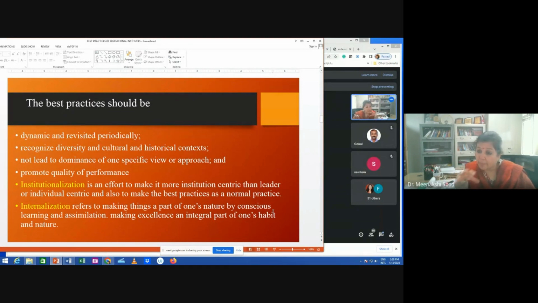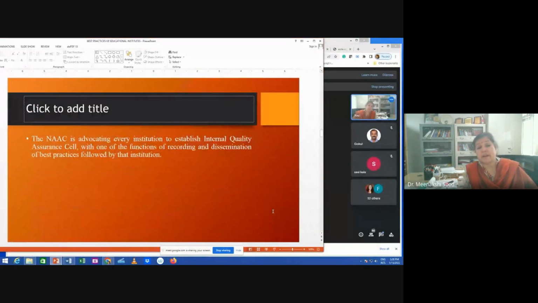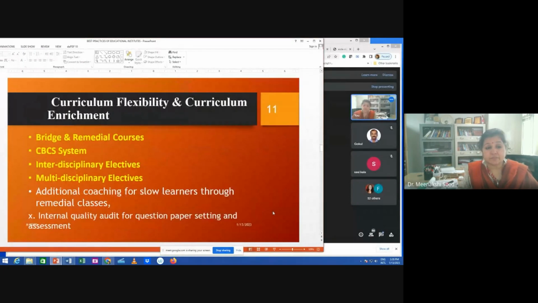It becomes my habit as a teacher to adopt that best practice. That is the maturity of this cycle of accepting and adopting practices, right?